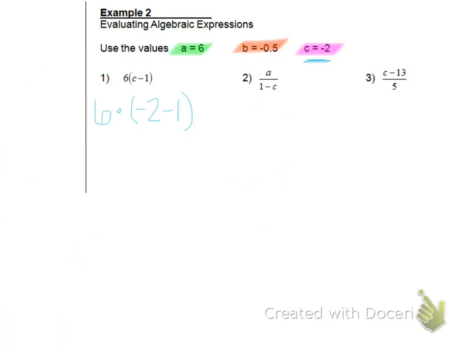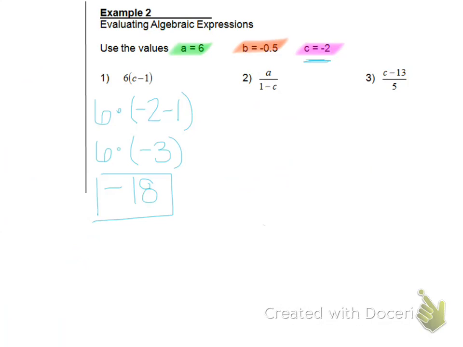And following order of operations, I would do the parentheses first. -2 minus 1 is -3. So I'm going to recopy down the whole problem and just change the -2 minus 1 to become -3. So 6 times -3 is -18. When I evaluate this expression, given the values I highlighted, we get -18.